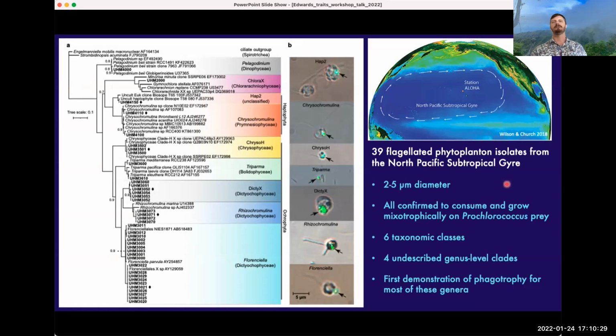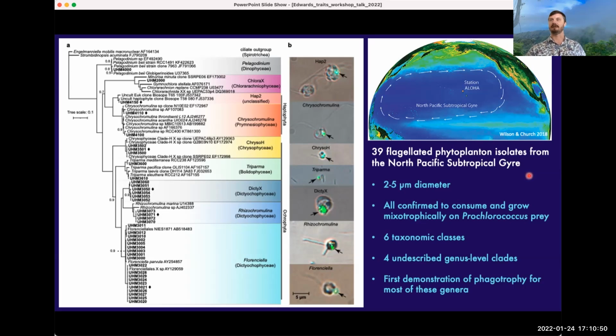I mentioned a lot of this work was done by Chris Schwartz. He's kind of a wizard at isolating things. Among the many things he's isolated from waters around Hawaii are 39 flagellate phytoplankton isolates.